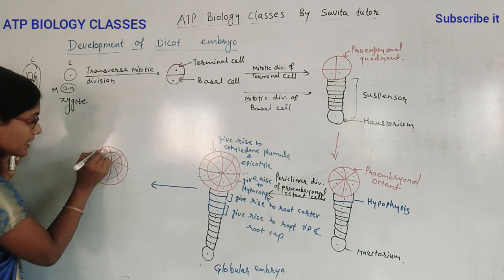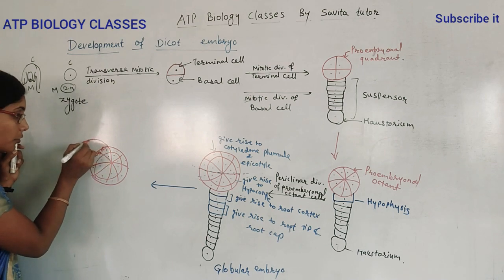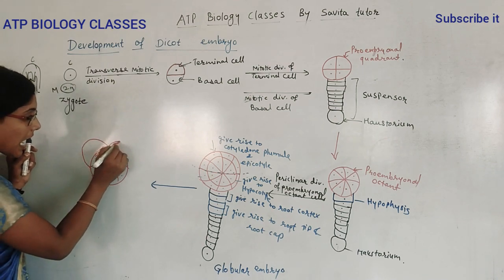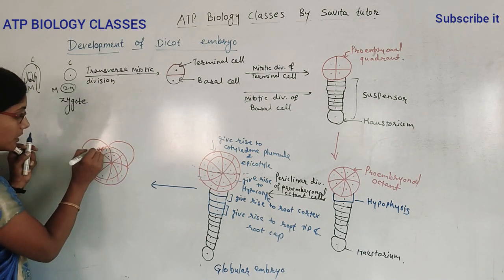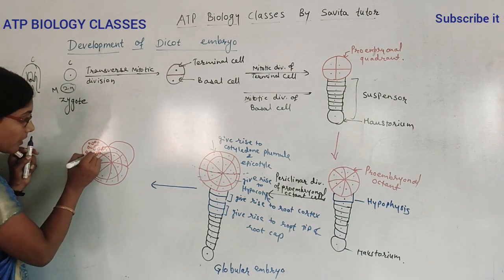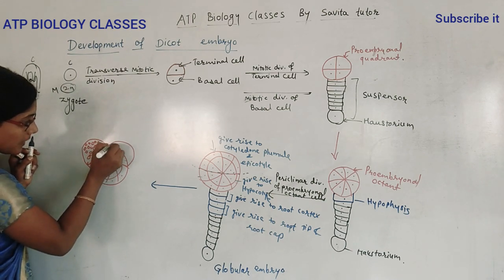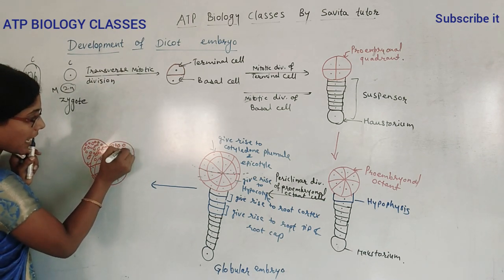And the cells are dividing, and this is how half part of this globular embryo will form the heart shape. The mass of the cells is forming in this way, and they will take the shape of a heart.